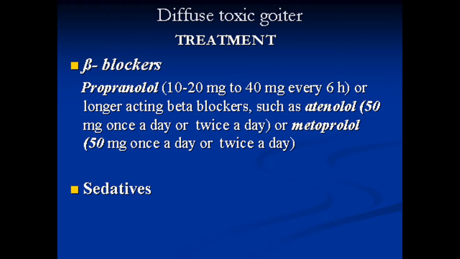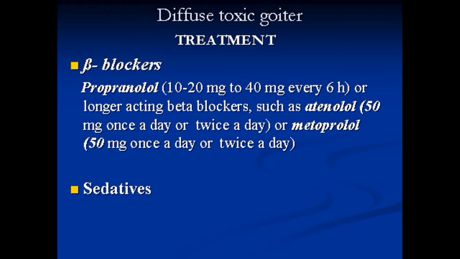But propranolol also inhibits the enzyme deiodinase, and it suppresses the conversion of T4 thyroxine to the more active, more potent thyroid hormone T3, triiodothyronine, in peripheral tissues.